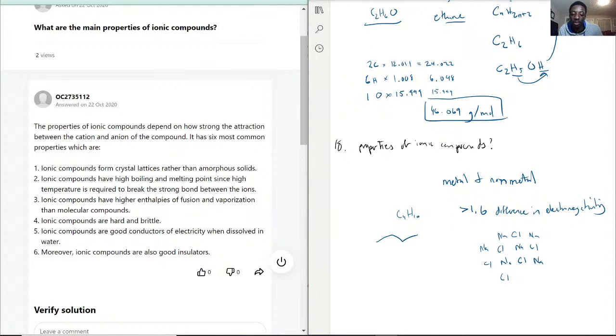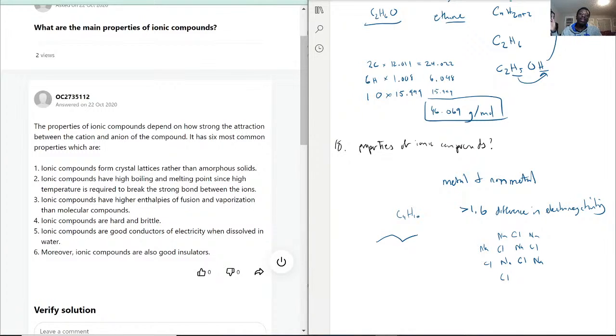They have high boiling and melting points, since ionic bonds are actually the strongest type of intramolecular forces. It goes from nonpolar covalent to polar covalent to hydrogen bonds and then ionic bonding.